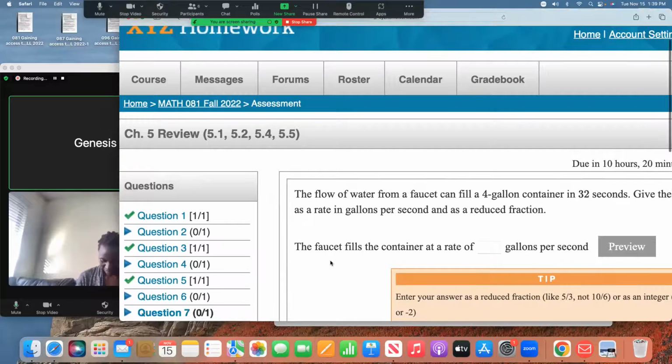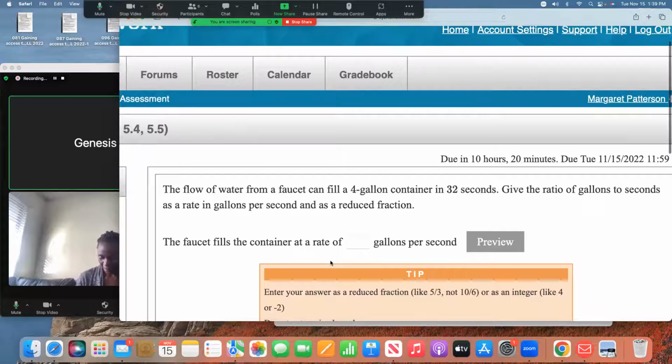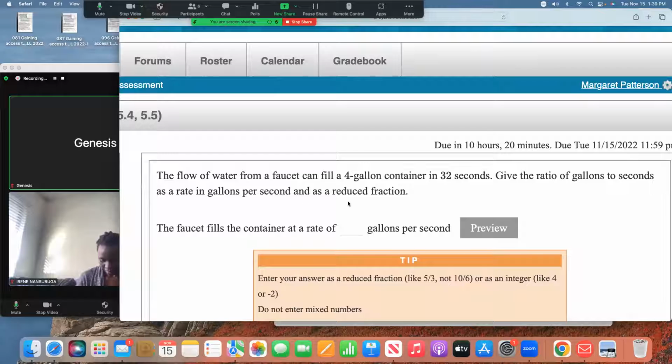Great. So this one here, I have to read it. The flow of water from a faucet can fill 4 gallons in 32 seconds. Okay, that's the first sentence. So I just kind of wrote that down. This is where the instructions are, right here in the second sentence.